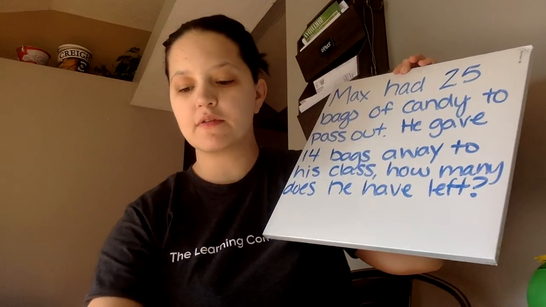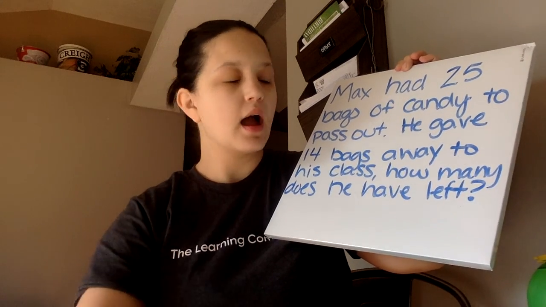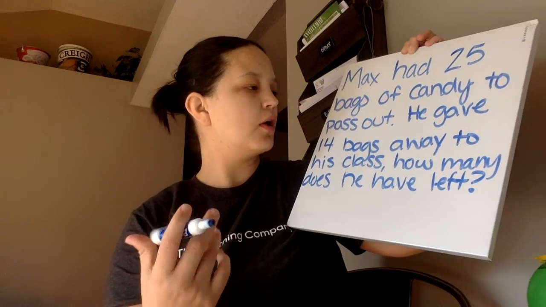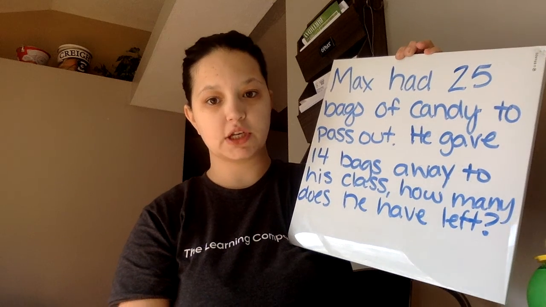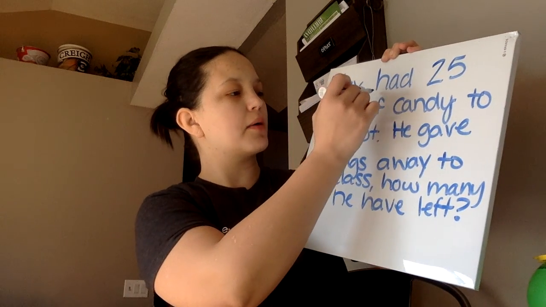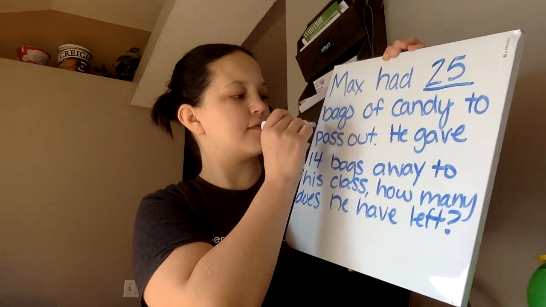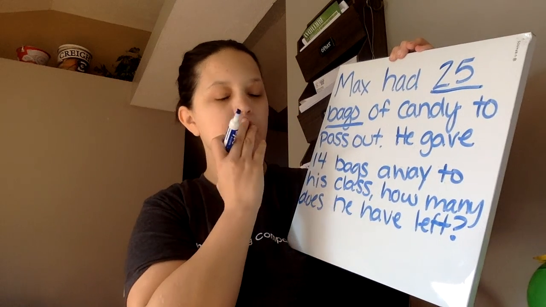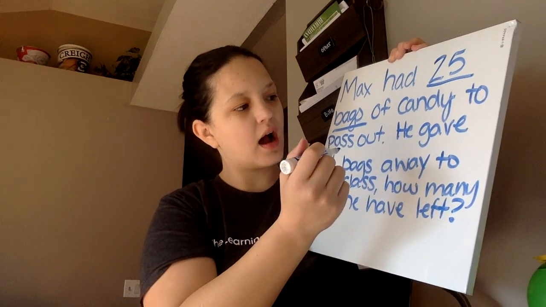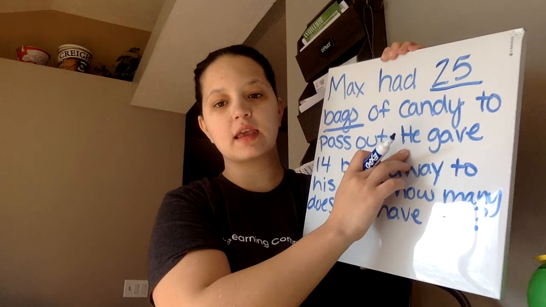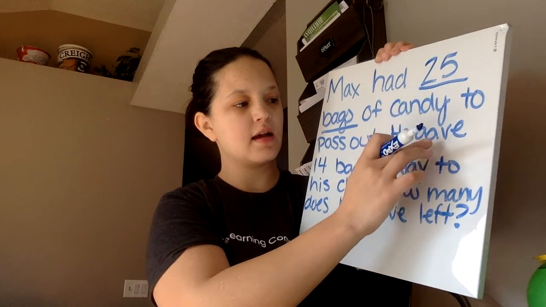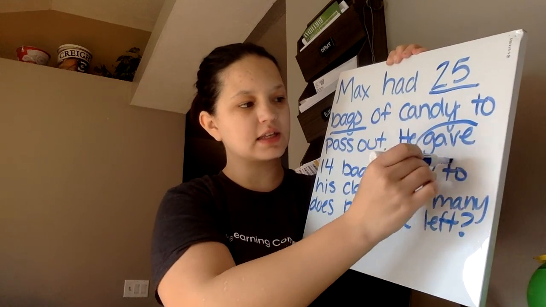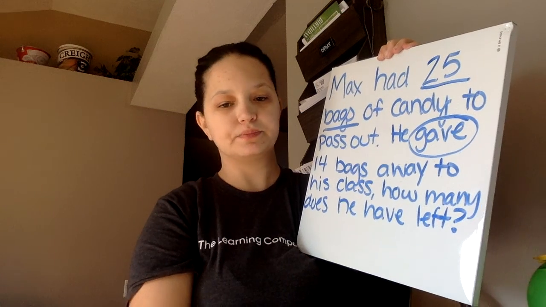Okay, so when I first look at this story problem, I want to look at the information. So right now, Max had 25 bags. Okay, and then I notice that this sentence says he gave, so that's a key word, and I'm going to circle that word.